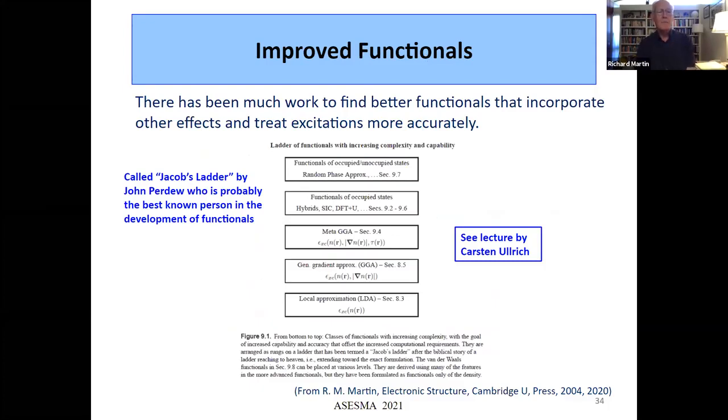Improved functionals, and in particular, improved functionals that can get different properties of systems. So structures and images more accurately, and also as much as possible different properties. So this is called the Jacob's Ladder by John Perdew, who is perhaps the best known person for the development of functionals, starting with the local density approximation and the gradient approximations that are considerably more accurate.